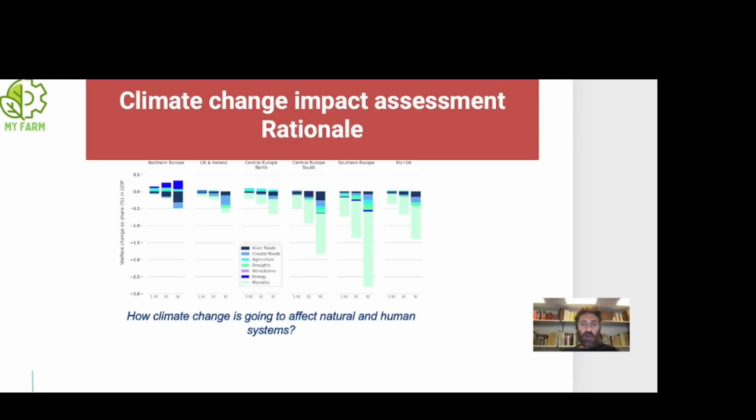Of course, we have some estimates, some projections, of how climate change is going to affect natural and human systems. We have, of course, an impact on the energy sector. We have an impact on tourism. We will have an impact on mortality. But in our terms, we have a huge impact on river floods, a huge impact on agricultural yield, and a huge impact on coastal floods.